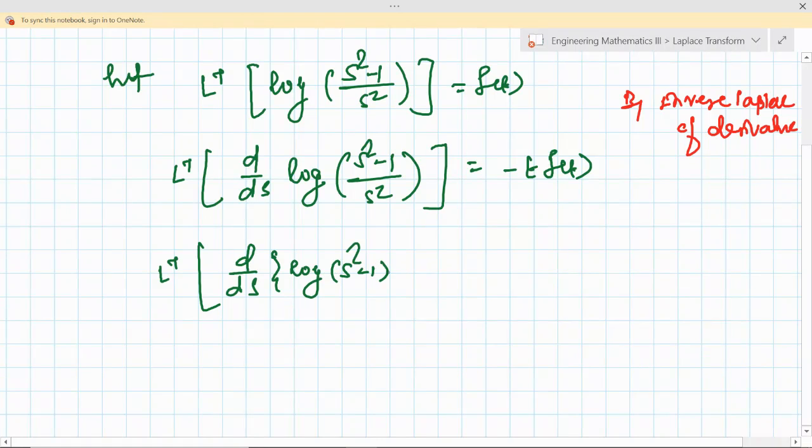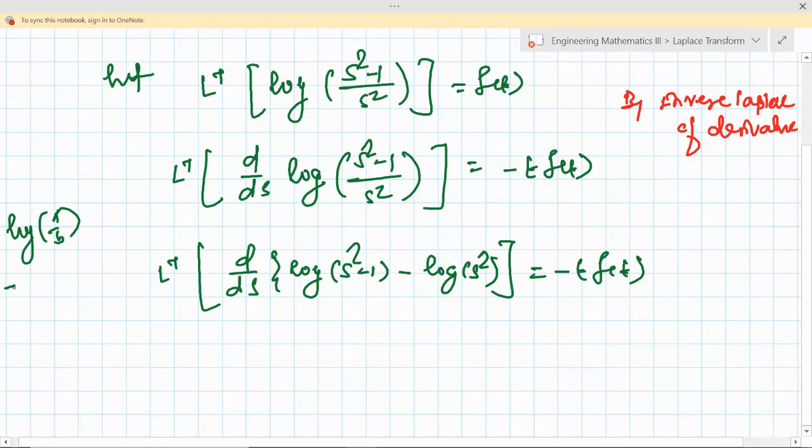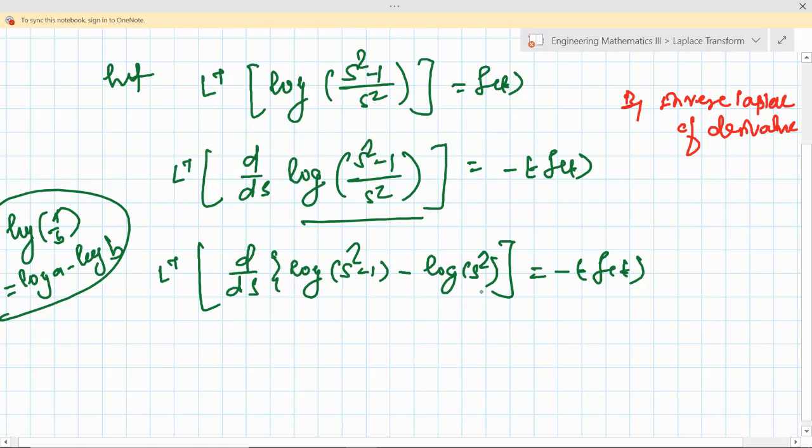which is nothing but log of s square minus 1 minus log of s square. What was the property that is useful here? This is log of a upon b is equal to log of a minus log of b. This property I have used. Now you can take the derivative.